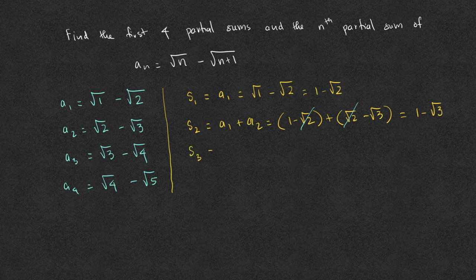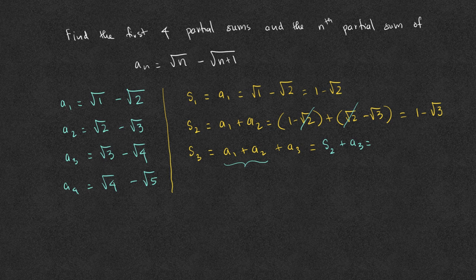S sub 3 is the partial sum using the first three terms, A sub 1 plus A sub 2 plus A sub 3. But this time, instead of taking the first three terms and adding them up, we know that we already have the sum for A sub 1 plus A sub 2. In fact, A sub 1 plus A sub 2 is called S sub 2, and then we simply add A sub 3 to this.